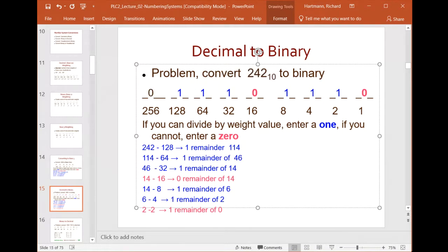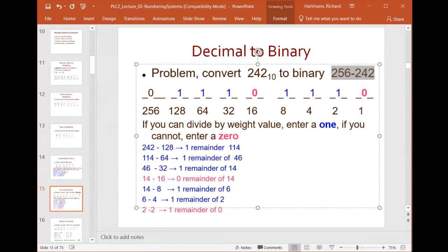And this would be a 0 up here, because what we're going to do is start, and I'm going to take 256 minus 242.